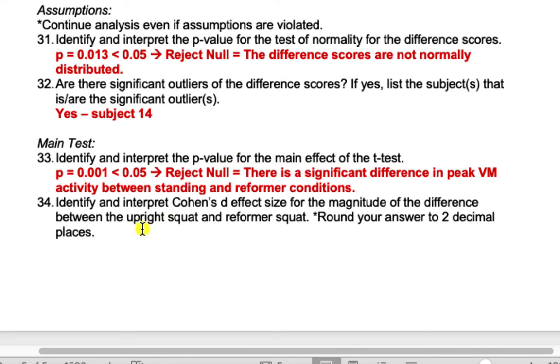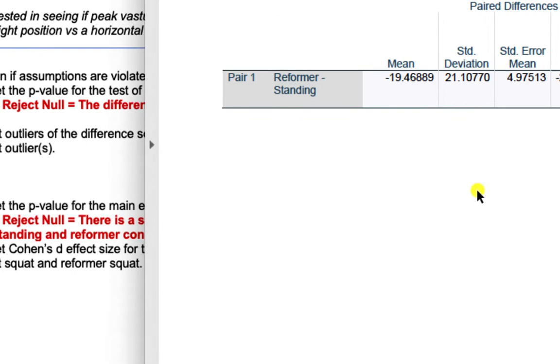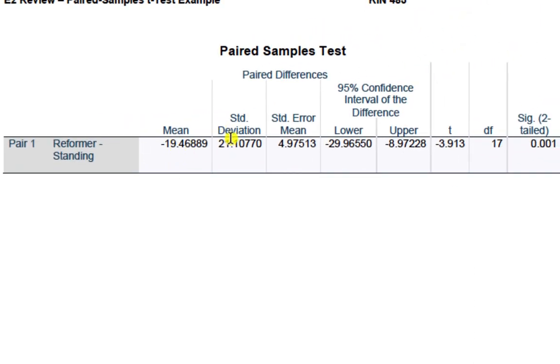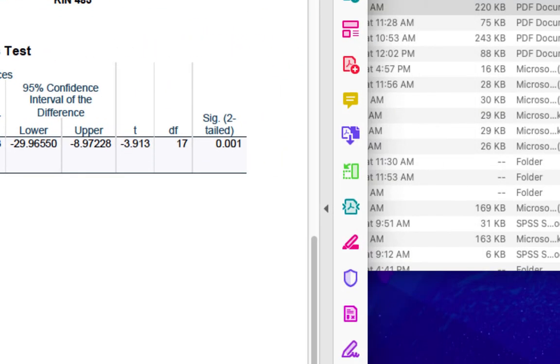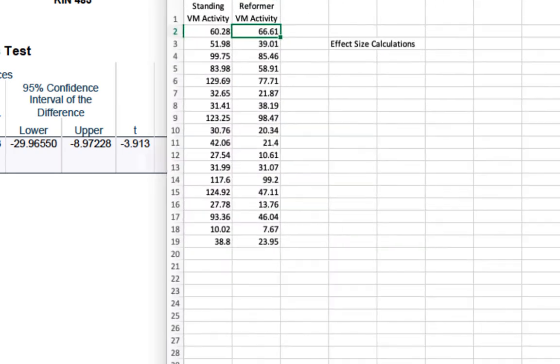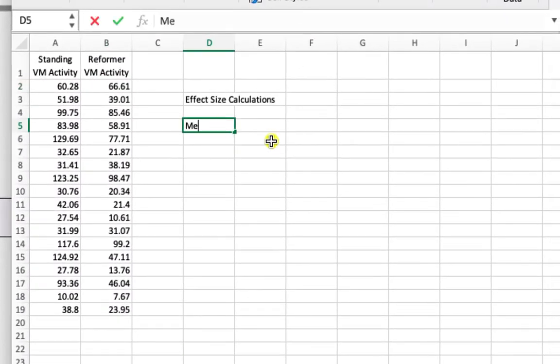I've then asked you to identify and interpret Cohen's d effect size. Remember that when we have a paired samples t-test, we're given the mean difference and the standard deviation of the difference. When we look at our effect size calculations, those are the only two numbers that we need to calculate our effect size for a paired test.